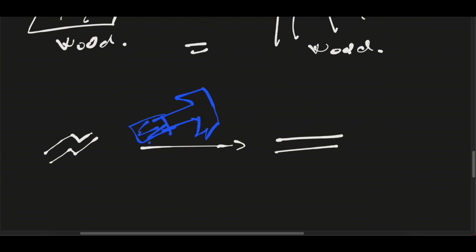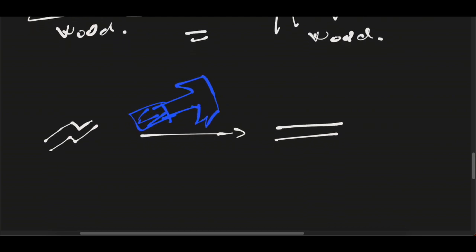The beginning material is iron, and the ending material is also iron. So the same material at the beginning and at the end. So we have a physical change.